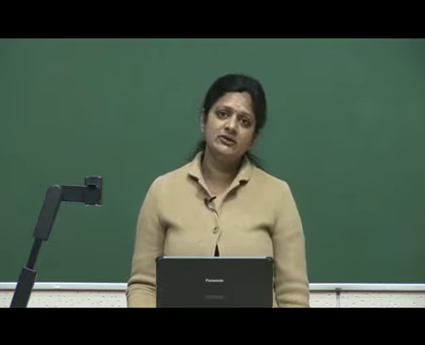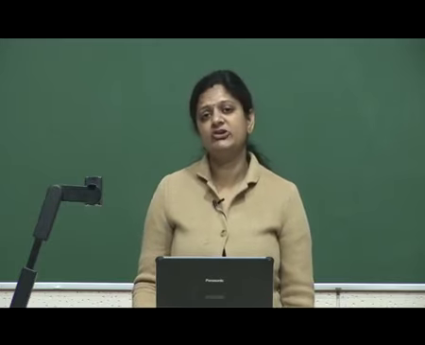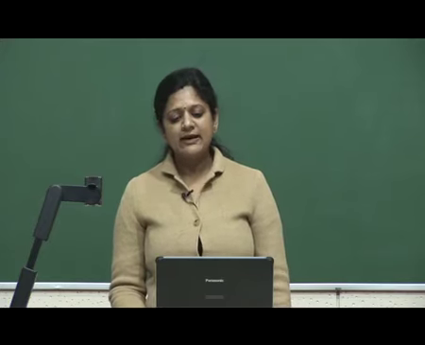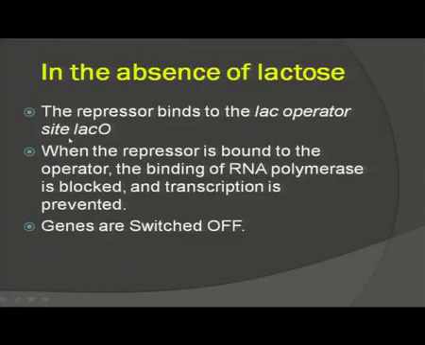So, what happens during this condition to the genes? The repressor binds to the lac operator site, lac O. The repressor which is synthesized by the lac I regulatory gene will bind with the operator site. When the repressor is bound to the operator, the binding of RNA polymerase is blocked.